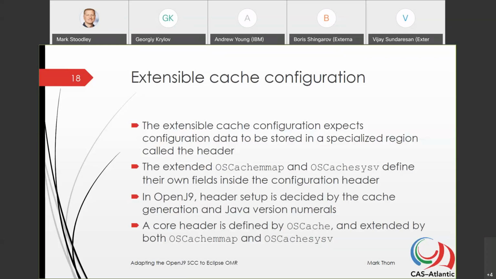Yeah, so the exact configuration and contents of the header actually varies quite widely in terms of which fields are included, what order they appear, based upon the Java version that OpenJ9 is running and the quote-unquote generation of the cache, as the design has termed it, that's being used. So as the cache changed and evolved over time, so too did the header.